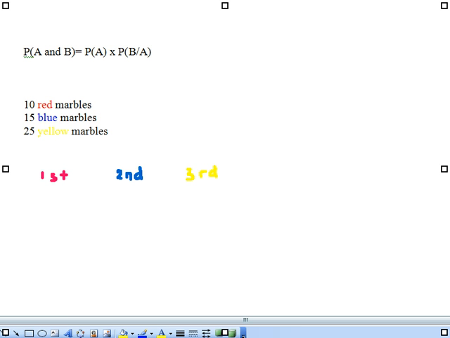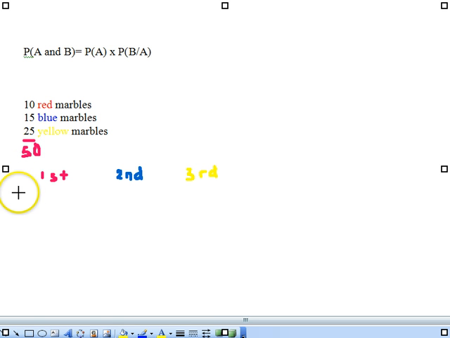So on the first draw, you're pulling a red marble. You want to know the probability of pulling a red marble. There are 10 red marbles, 15 blue marbles, and 25 yellow marbles. When you add these together, you'll find that there are 50 total marbles.